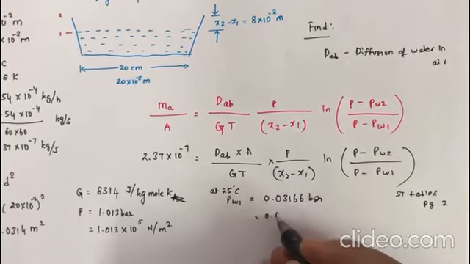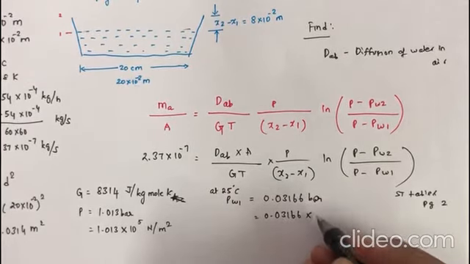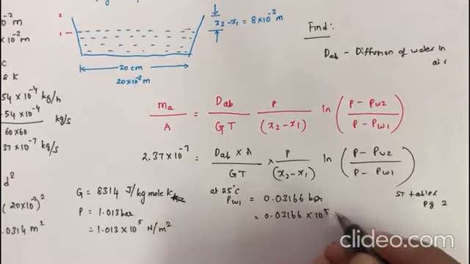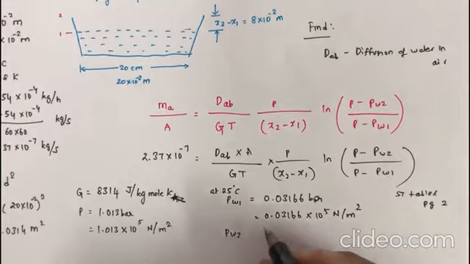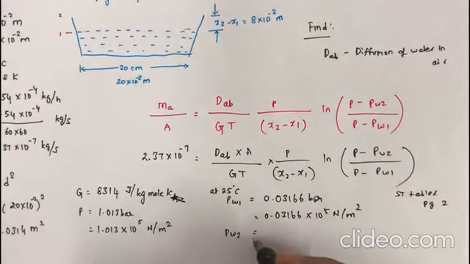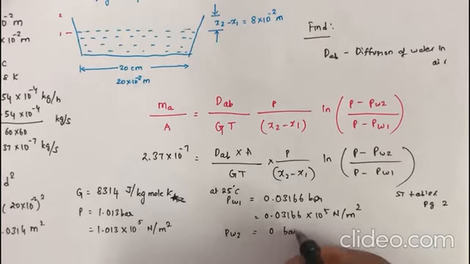Please convert this again to Newton per meter square. The partial pressure at the top of the surface, where we have dry atmospheric air with no water vapor, will be 0 bars. So substitute it as 0.